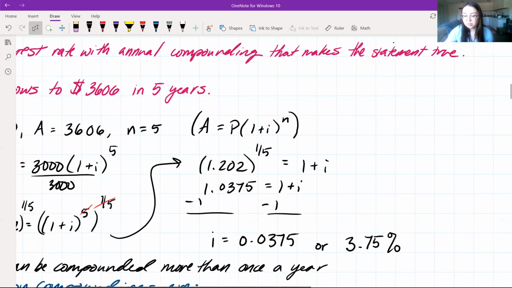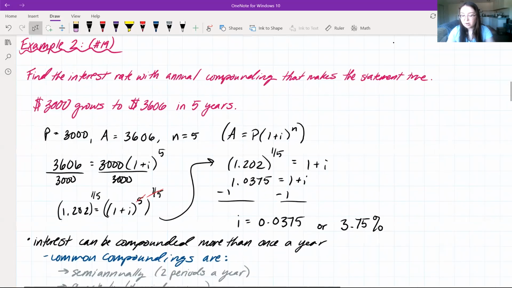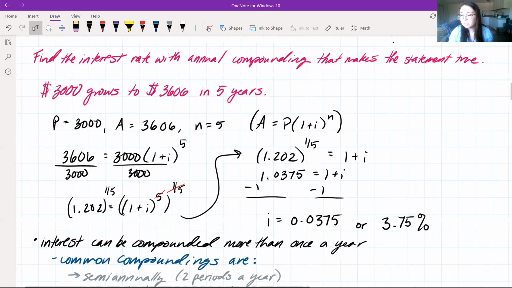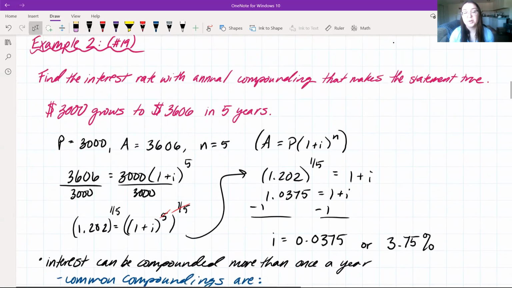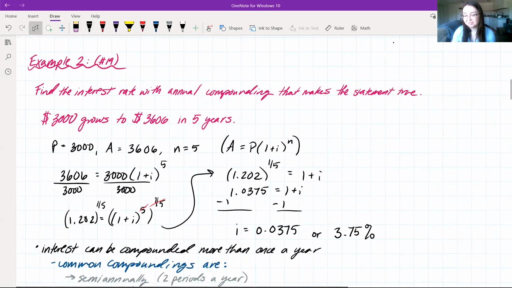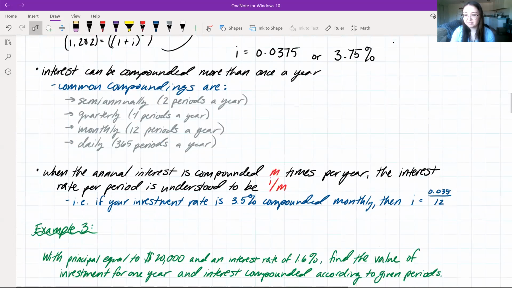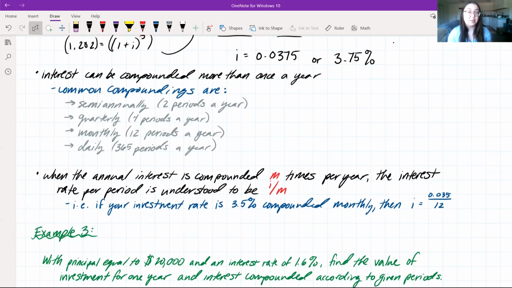All right, so we know that to make this statement true, our interest rate would have to be 3.75% in order for $3,000 to grow to $3,606 in 5 years. So like I said before, interest can be compounded more than 1 year. It doesn't necessarily have to be every year.